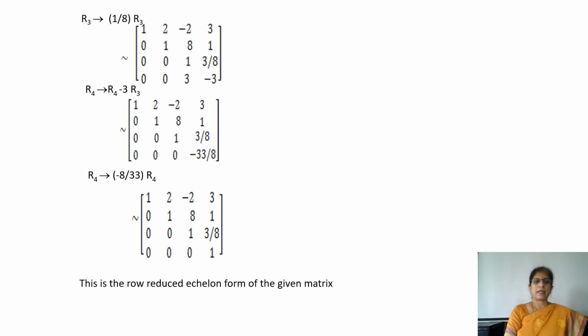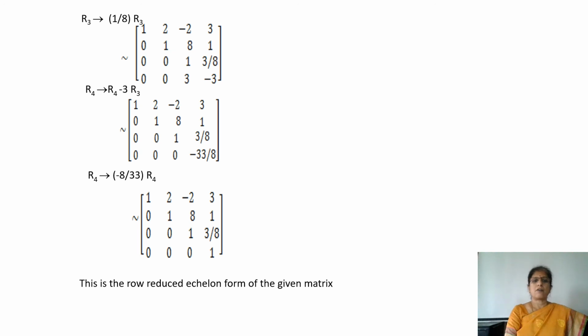So by applying the operation R4 changes to R4 minus 3 times R3, we can make the element after zeros as 0. The first three rows remain as they are. The fourth row changes to 0, 0, 0, minus 33 by 8.